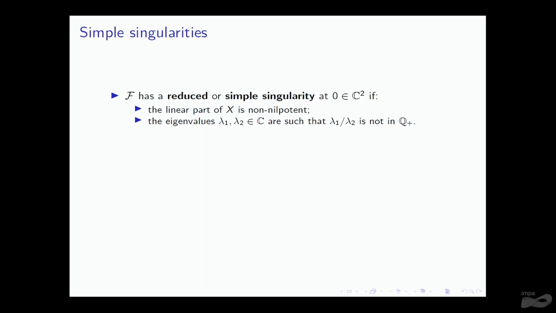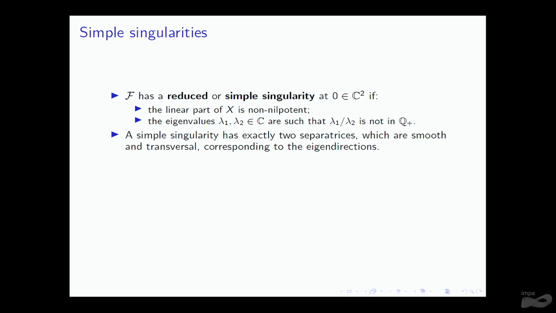A singularity of the foliation is said to be simple or reduced if the linear part of X, a vector field that engenders the foliation, is non-nilpotent, has at least one non-zero eigenvalue, and the eigenvalues are such that their quotient is not in the positive rationals. A simple singularity has exactly two separatrices, which are smooth and transversal, corresponding to the eigendirections.